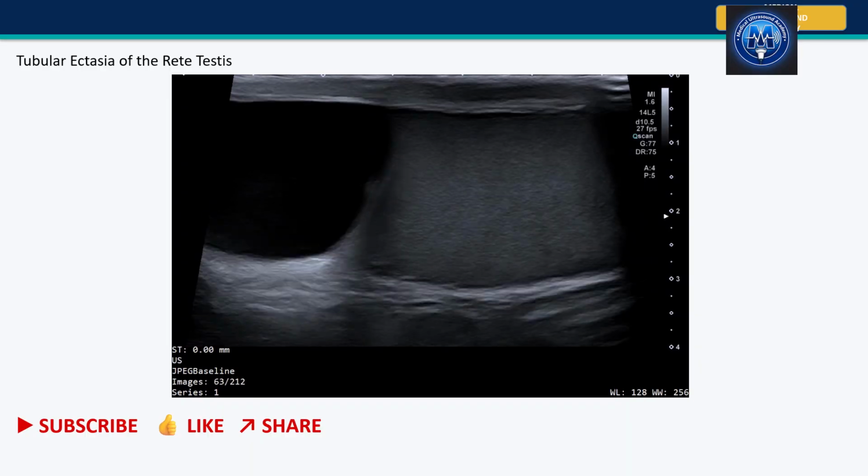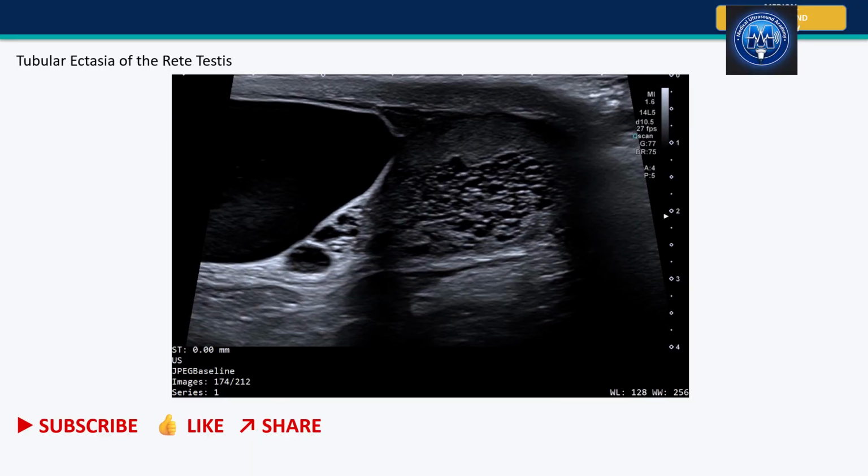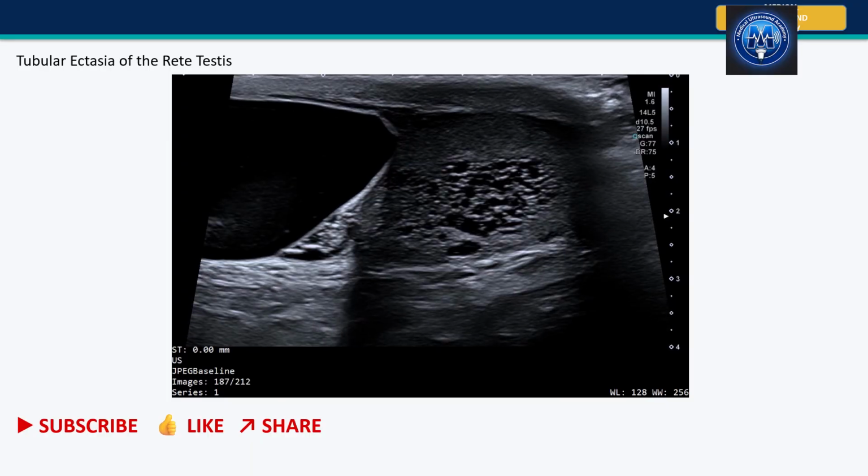So we have got dilation of the Rete Testis. You can see what is going on there. So these are the Rete Testis, this one, which are dilated like that due to the encysted hydrocele like that.